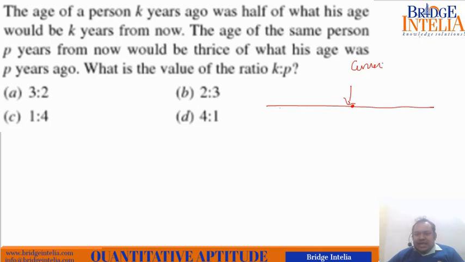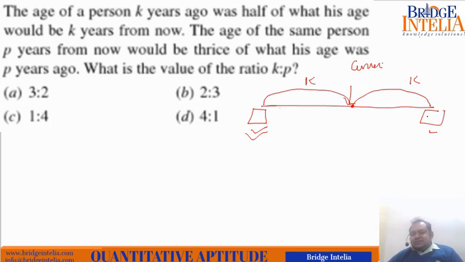So K years ago, this age was half of what his age would be K years from now, in the future. So this age is half of this age. So let this be equal to 2X, then half of 2X is X.